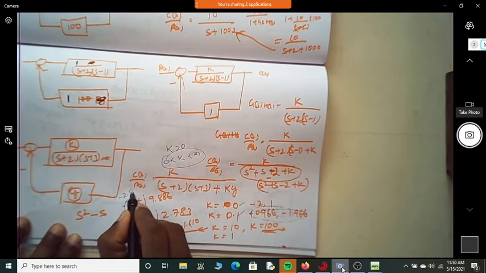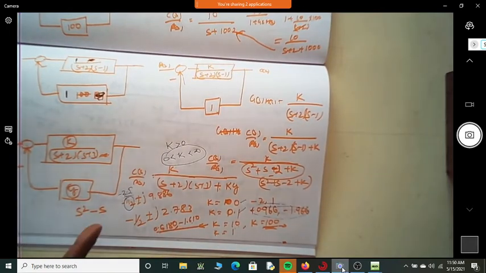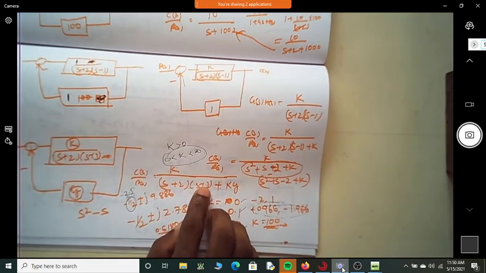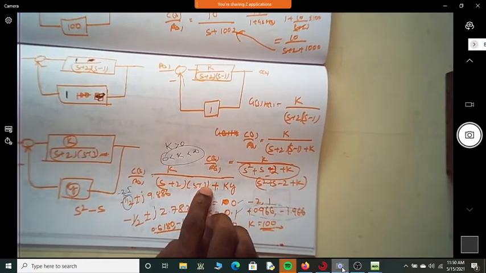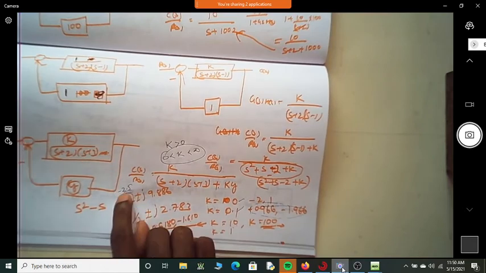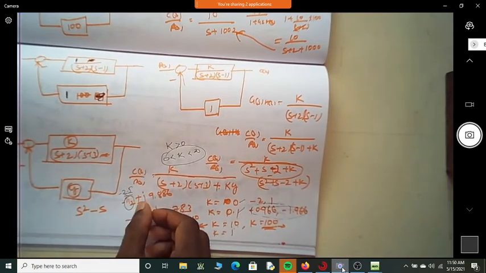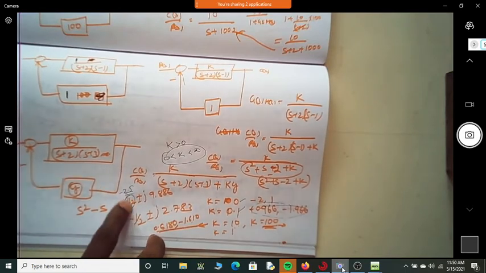It should be -2.5. Now we can rectify the issue here, because the roots cannot be at minus half when you have one pole at minus 2 and one pole at minus 3. It will be exactly the midpoint of these two, so the midpoint of minus 2 and minus 3 is minus 2.5. Maybe on that day I didn't observe this, but the real part will always remain the same.